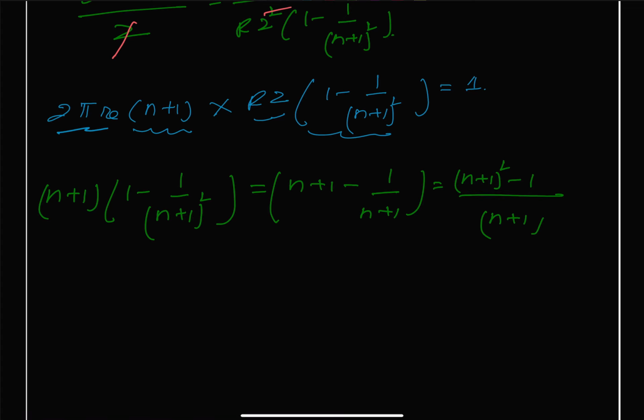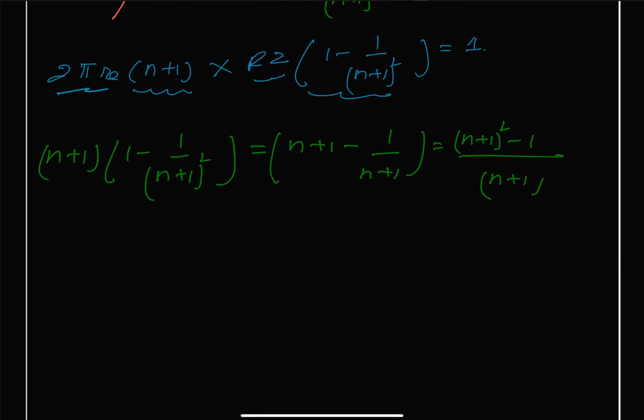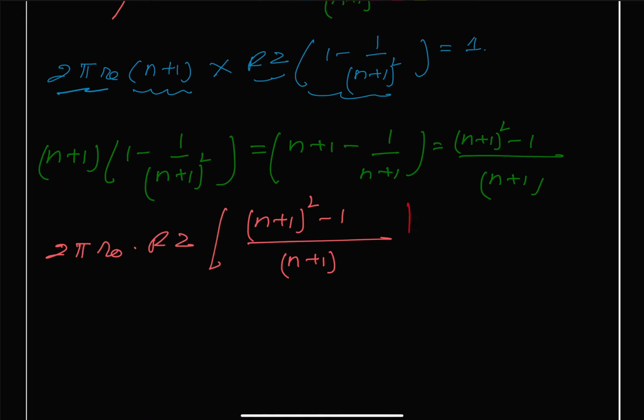Therefore, we can write that 2 pi r naught R z multiplied by this, which is ((n plus 1) whole square minus 1) divided by (n plus 1), is equal to 1.